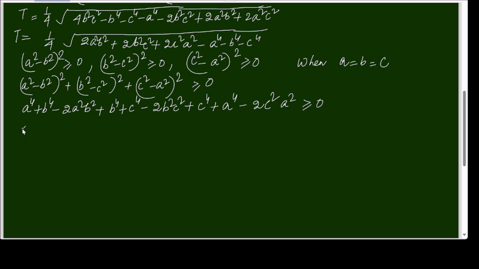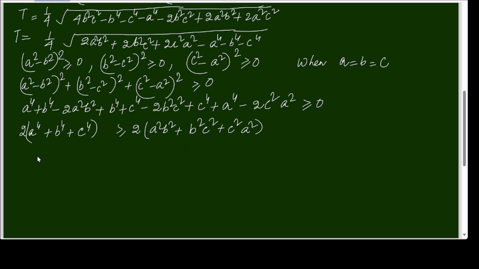So I'm getting twice a^4, twice b^4 and twice c^4 is greater than or equal to twice a square b square plus b square c square plus c square a square.